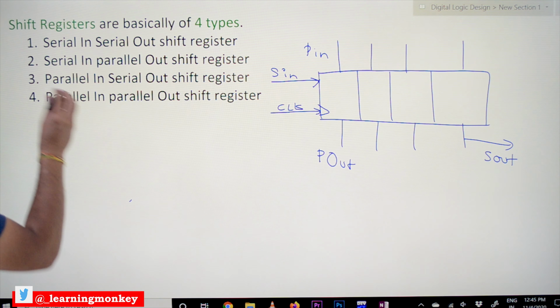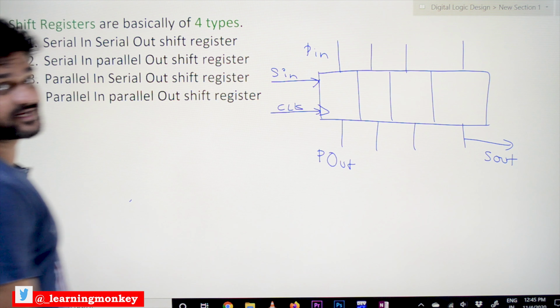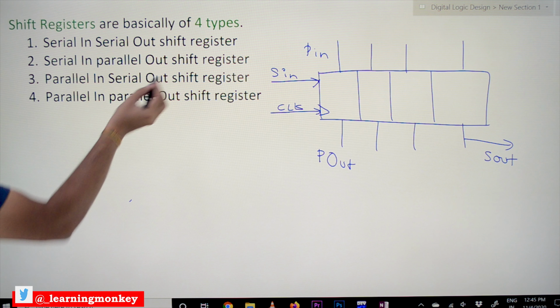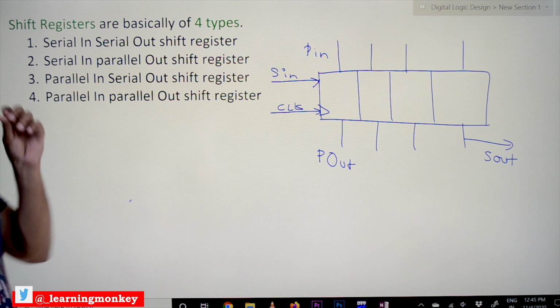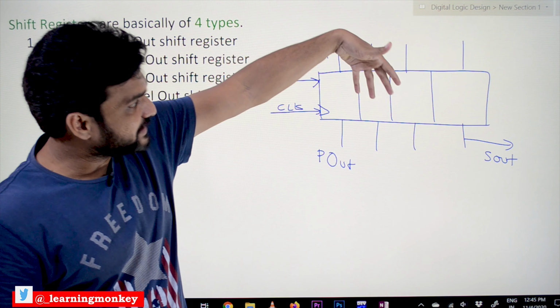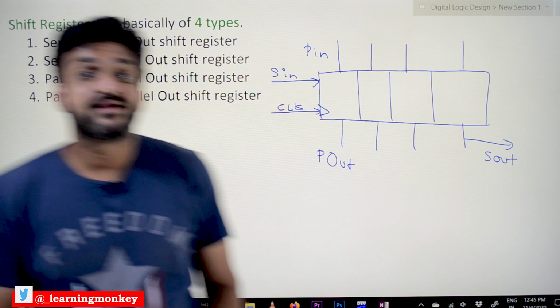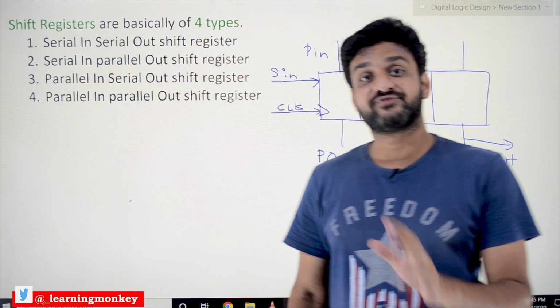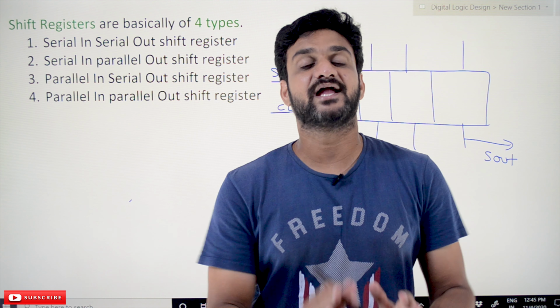And similarly, parallel in and the output is taken serially, it is a parallel in, serial out shift register. Similarly, parallel in and parallel out, the input is taken in parallel and the output is taken in parallel, it is a parallel in, parallel out shift register. This is all about a shift register. Hope you got the clarity on this concept.